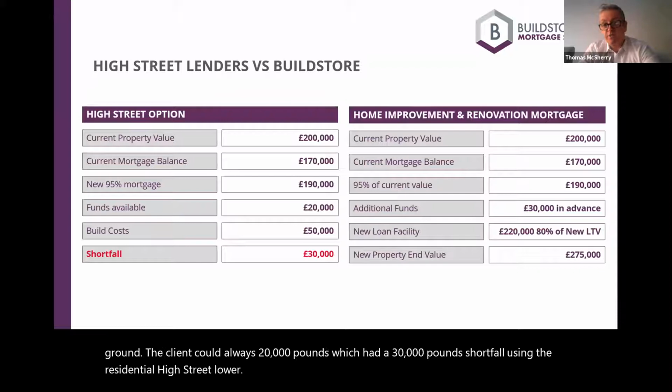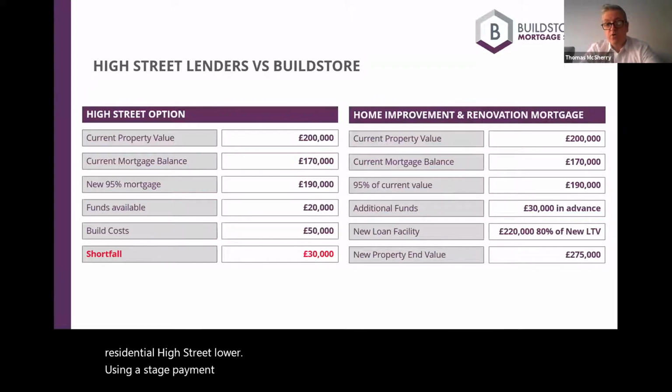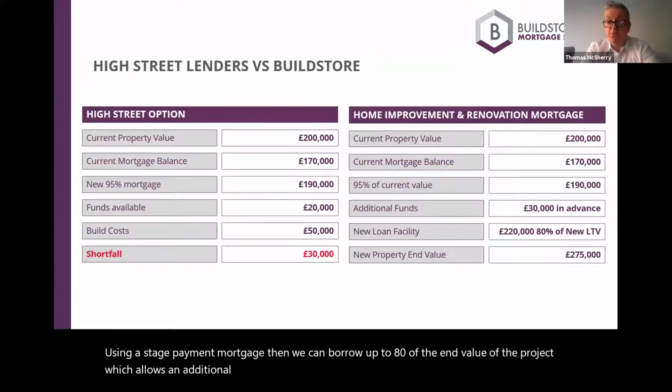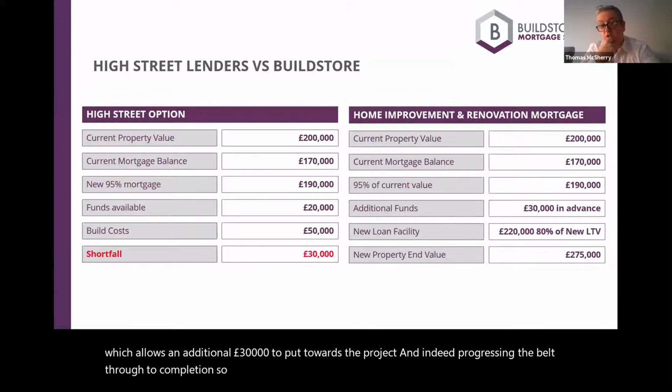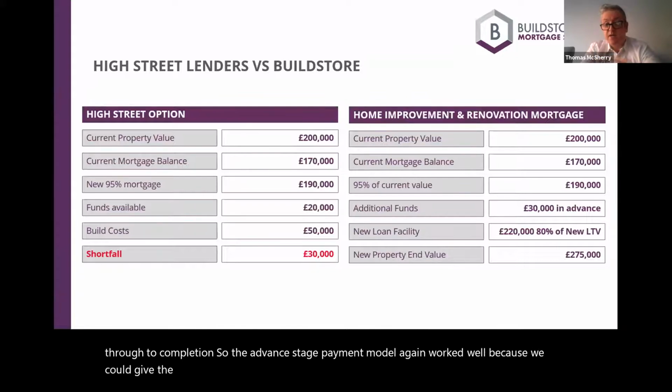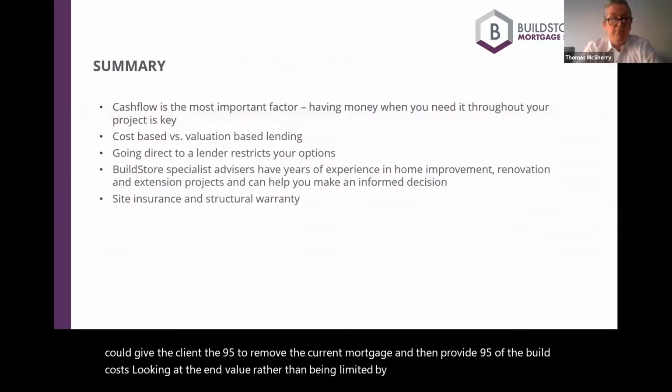Using a stage payment mortgage, we can borrow up to 80% of the end value of the project, which allows an additional £30,000 to be put towards the project and progress the build through to completion. So the advanced stage payment model worked well because we could give the client the 95% to remove the current mortgage and then provide 95% of the build costs, looking at the end value rather than being limited by the current value of the home.